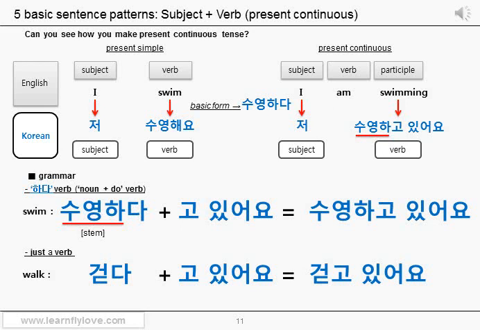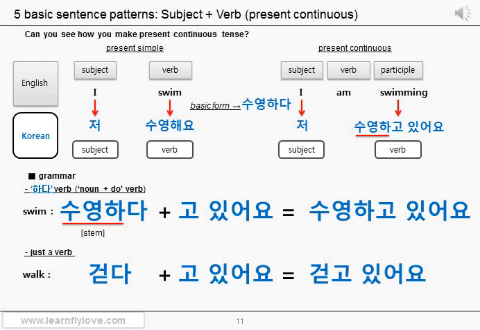Some might ask, then how come the stem 수영하 part was changed when we made the present simple tense form? Because 수영하다 became 수영해요 in the present simple tense. It's a very good question, but it's not the time for you to learn about it. It's too complicated for you.